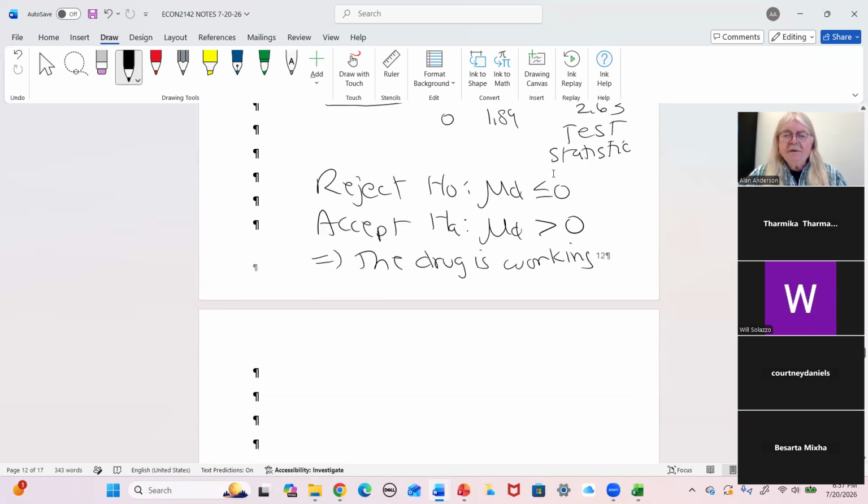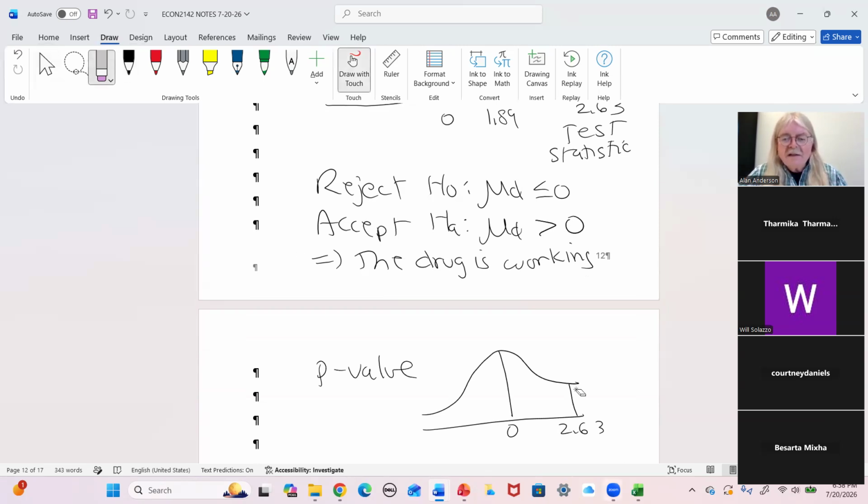Now, of course, for the p-value, we want anything greater than the test statistic. Actually, let me draw that again. I want to reinforce how skinny this tail is.